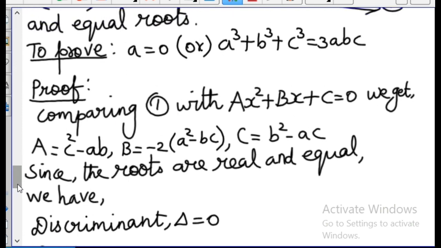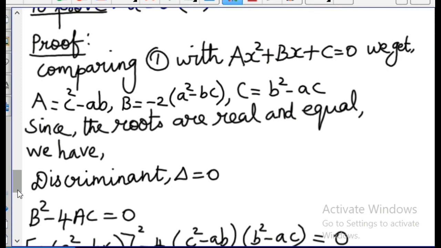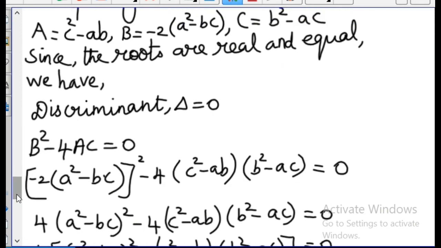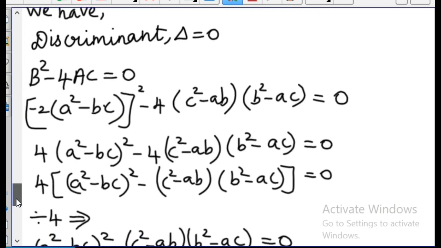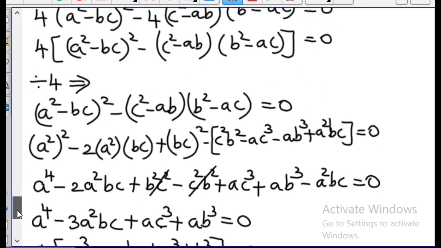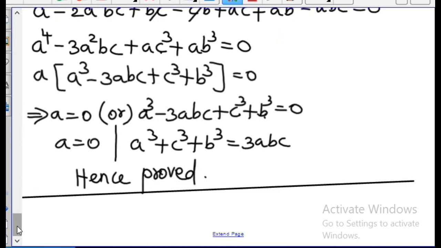Equal roots means delta equal to 0. In the question itself they are giving small abc, so here I am writing using capital ABC. Discriminant delta equal to 0. So substitute the values for B, A, C, taking the common term outside, simplifying, you are getting the answer. That's it. Okay, thank you students.